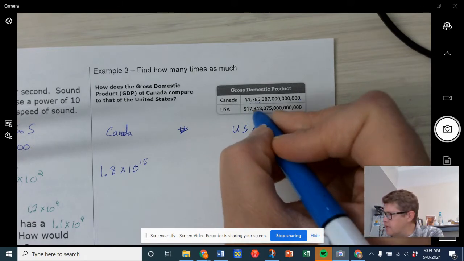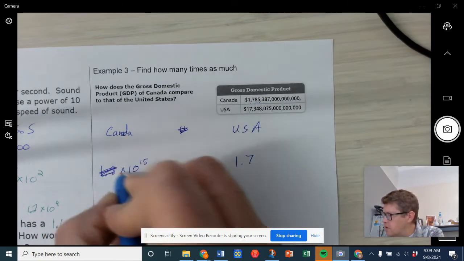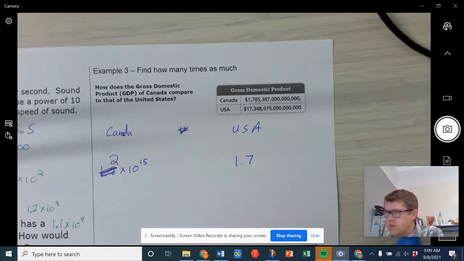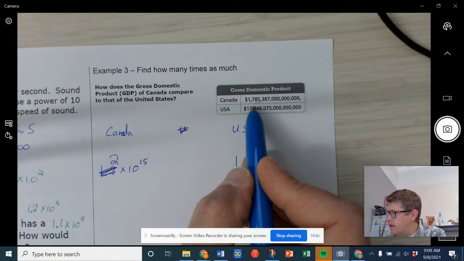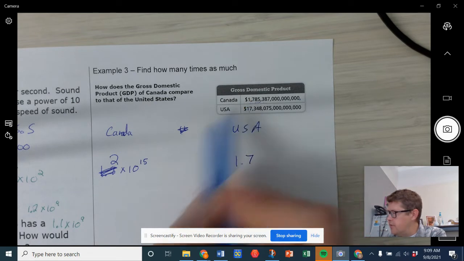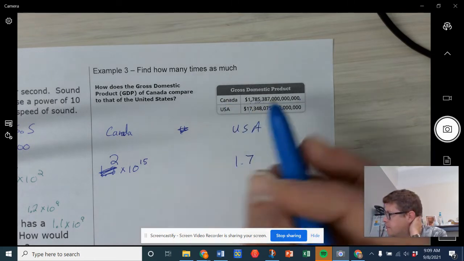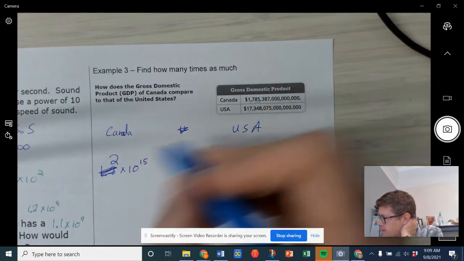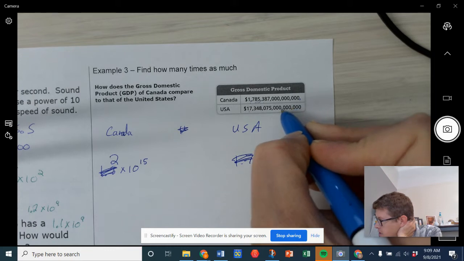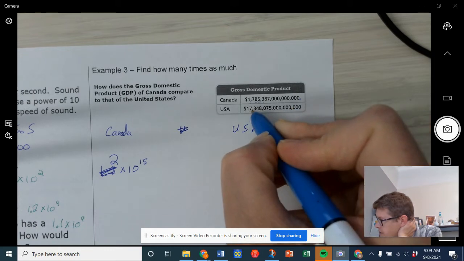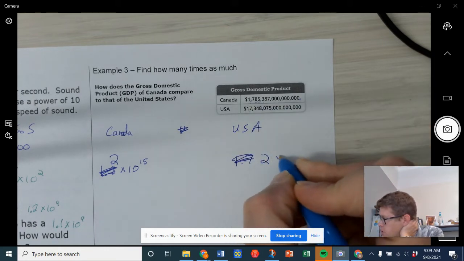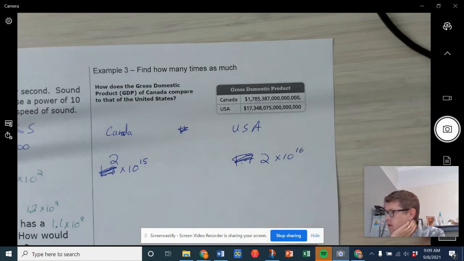Yeah, let's do twos. Let's actually round it up to 2 because we want to do 2 times 10 to the 15th. That's what the book is telling us, okay? So yeah, round it up to the largest place value, right? So this way we can compare the same base, right? And so for this one, we'll do 2. But instead of 15, we've got 3, 6, 9, 12, 15, 16.